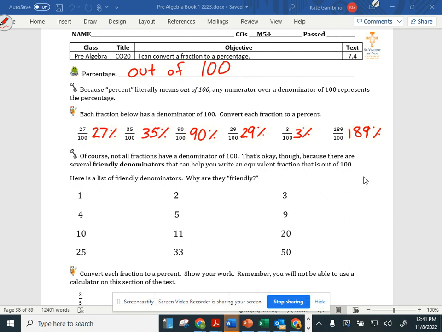It is that easy when it's over 100. You just take the numerator and it's your percentage.